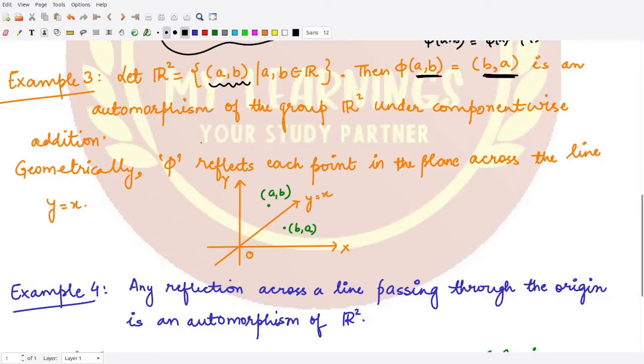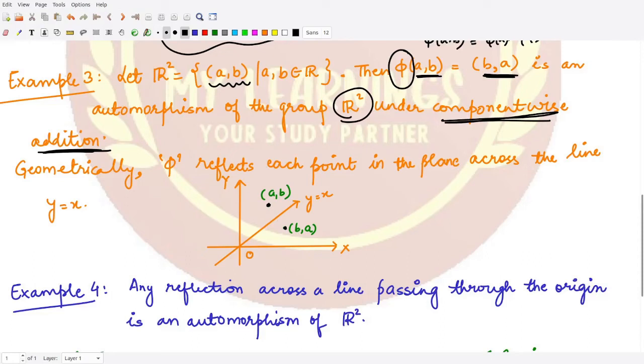This is also an automorphism of the group R square under component-wise addition. Here, when we input the point (a, b) and apply phi, we receive the point (b, a).